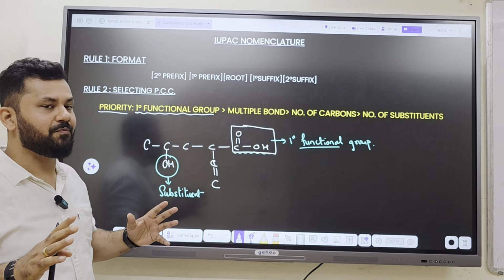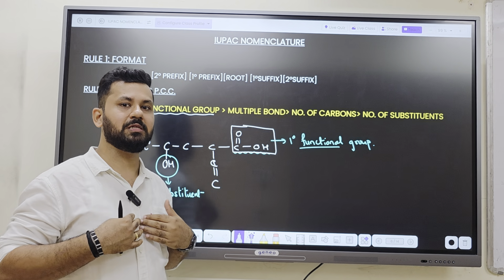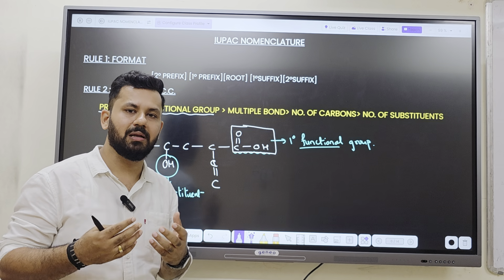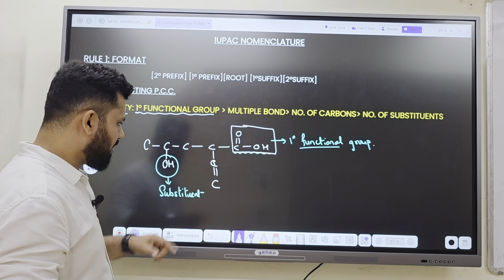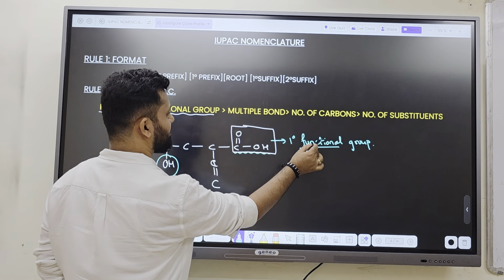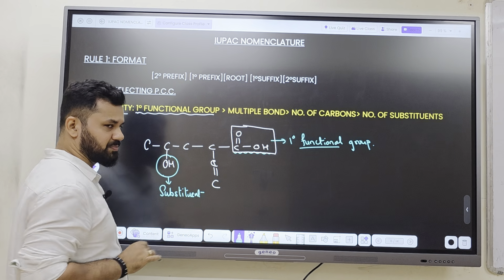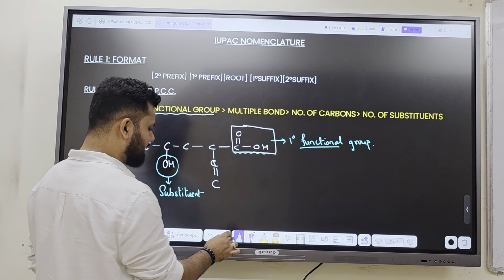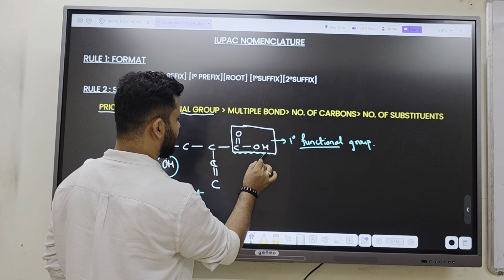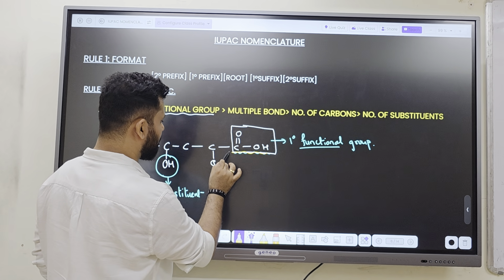At this point, we do not distinguish between double or triple bond. For us, simply it is a multiple bond. For example, in this particular compound, this is our primary functional group, so it must be included in PCC. This is our substituent. So when selecting the parent carbon chain, we will select like this. We will include this carbon. Then we will move here.